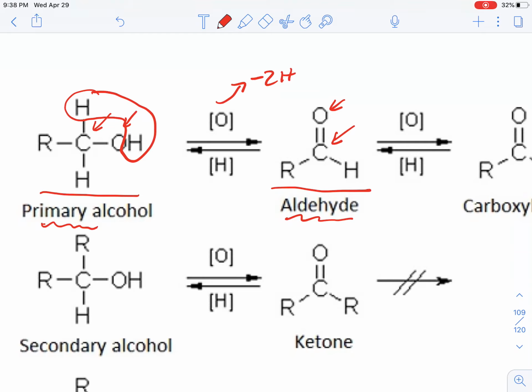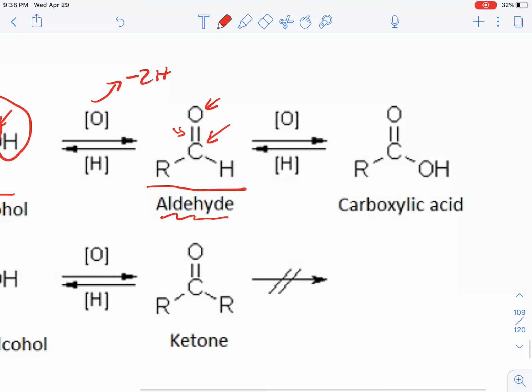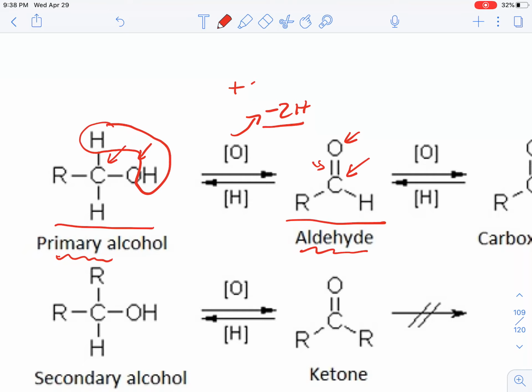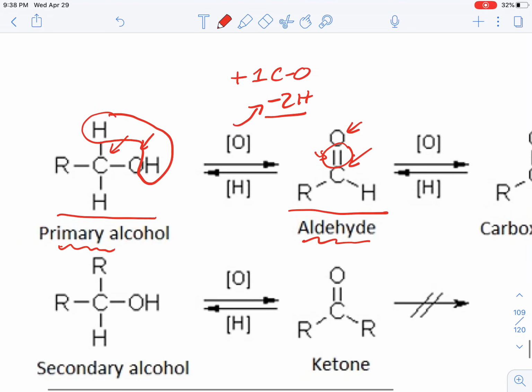It's probably going to go on the catalyst, or it's going to be transferred to another compound. We don't really care where that hydrogen goes. All we know is that those two hydrogens are lost, enabling the electrons to go to carbon and oxygen, forming that second bond, that double bond. So here we lost two hydrogens, but we're gaining one connection between a carbon and an oxygen. Here we have a double bond, here we have a single bond.